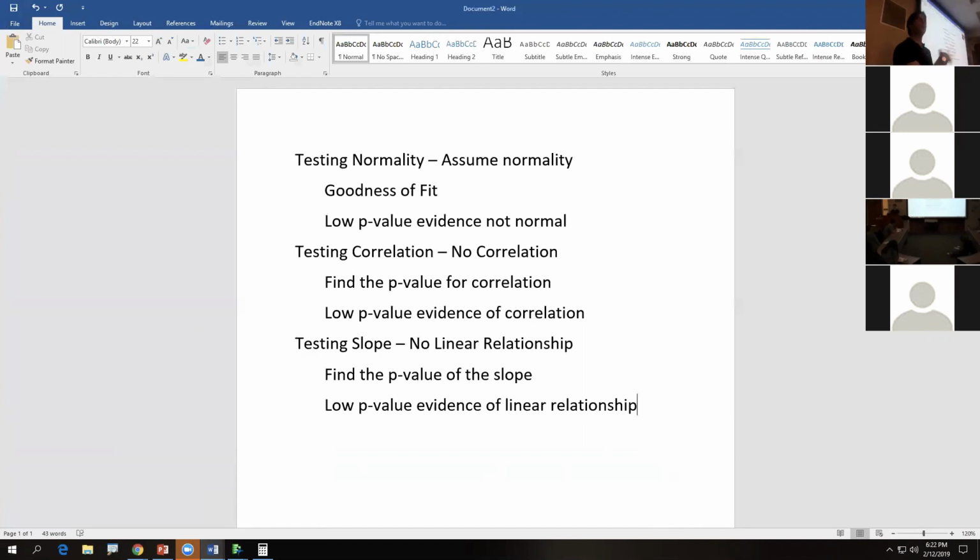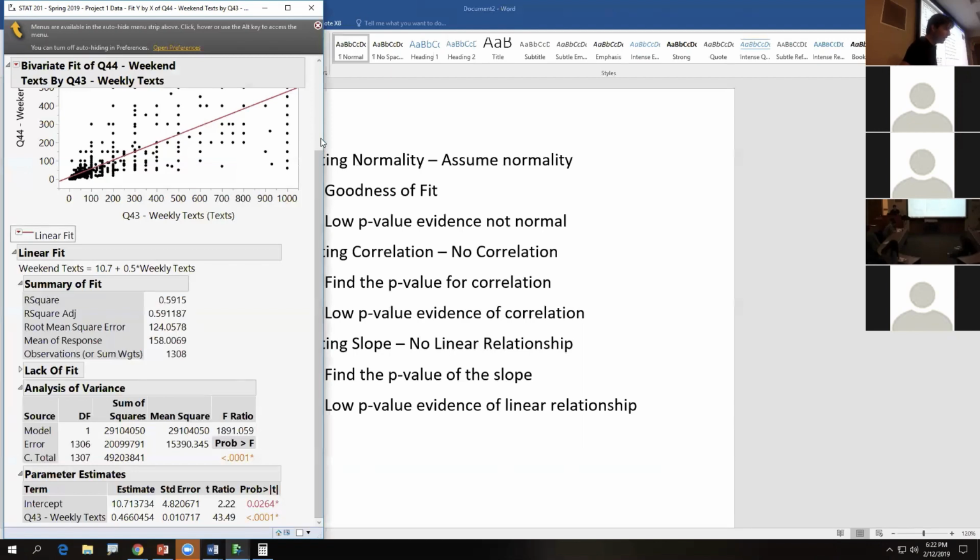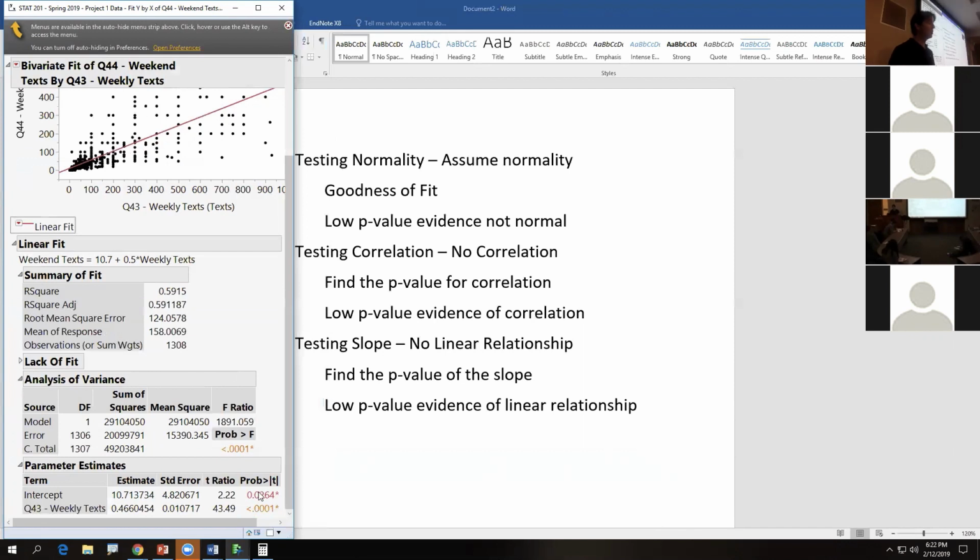So you assume that there's no linear relationship to start, and you would look at the p-value of the slope, and we'll bring up the analogous output here for this last one, because I think I'll still have it up. If you notice this output right here, there we go, we got it. So the output on the screen shows the p-value of the x variable, and the x variable is the slope variable, right? So the p-value here for the x variable is low, so I'm going to reject, I'm going to say I don't think that there's no linearity.